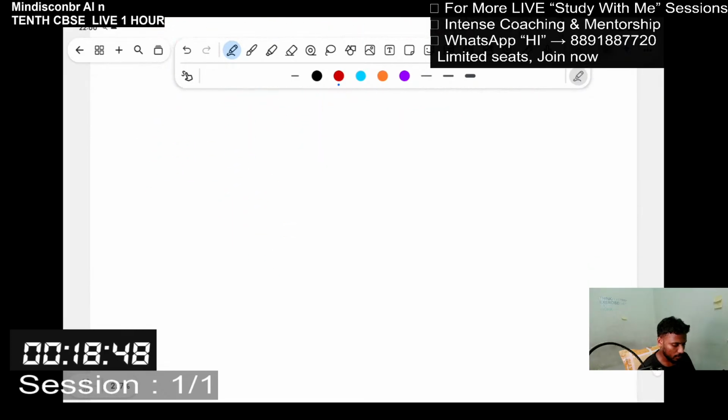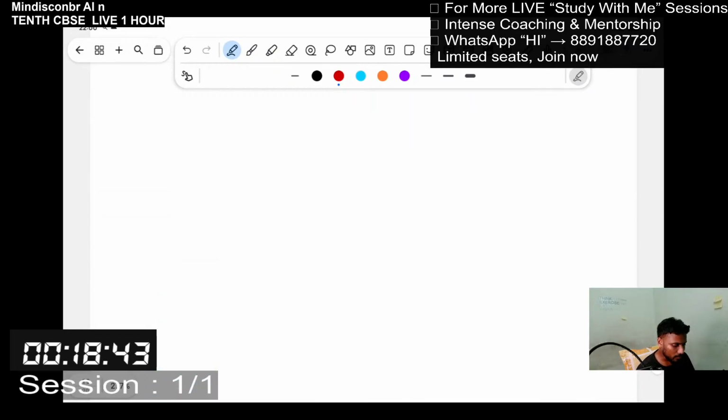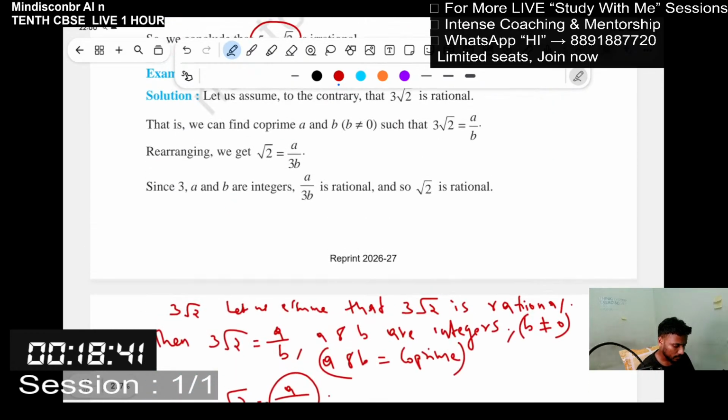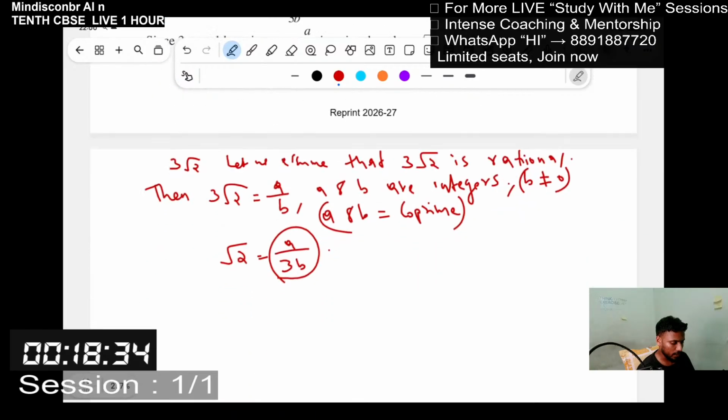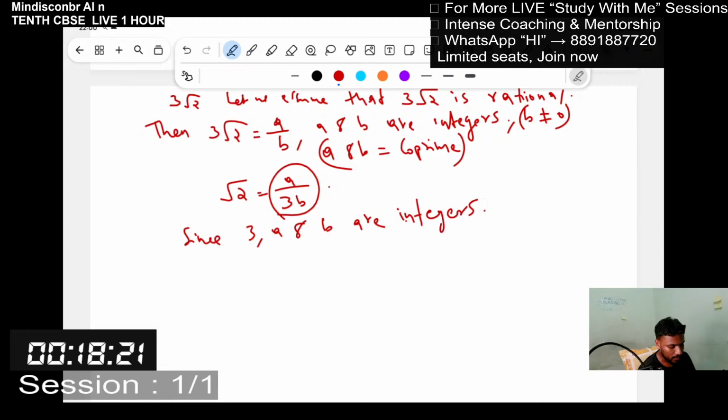Since 3a and b are integers, a by 3b is rational, and so root 2 is rational.